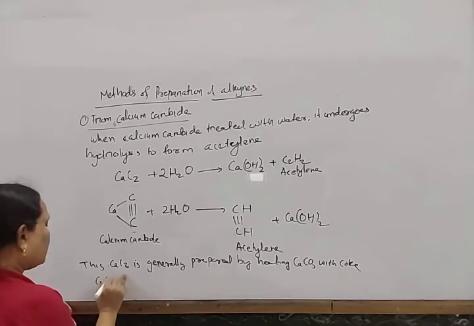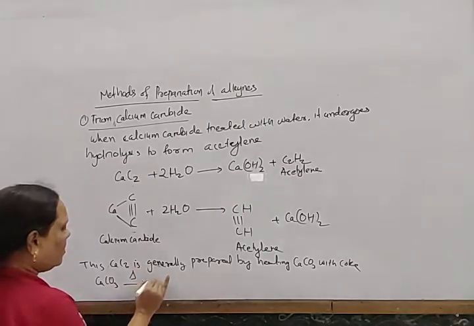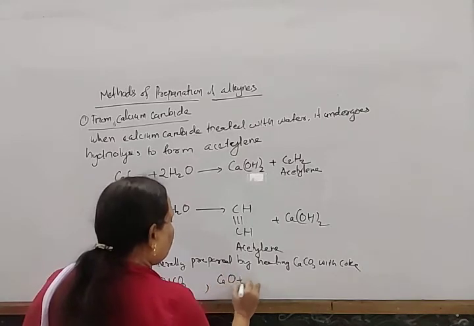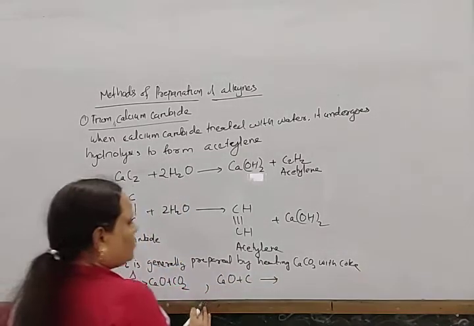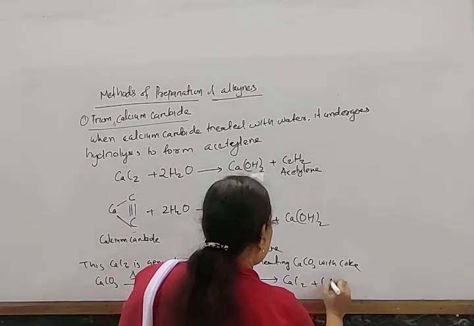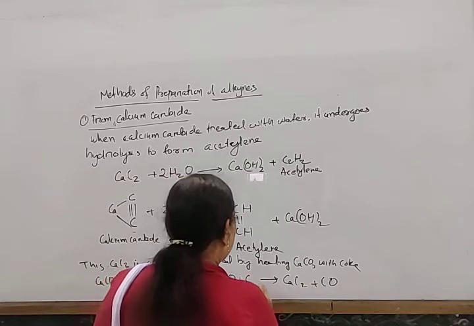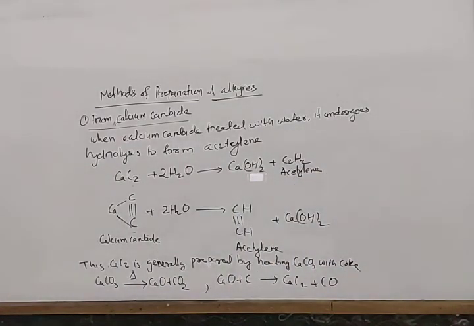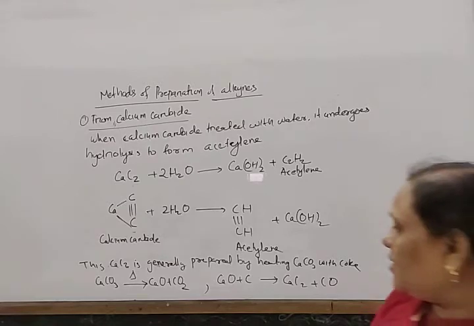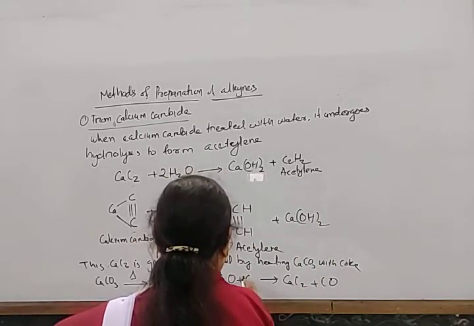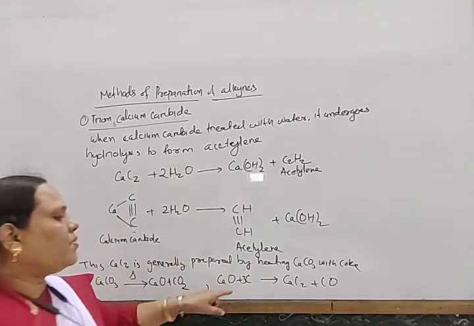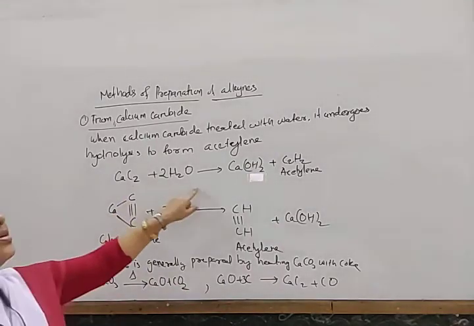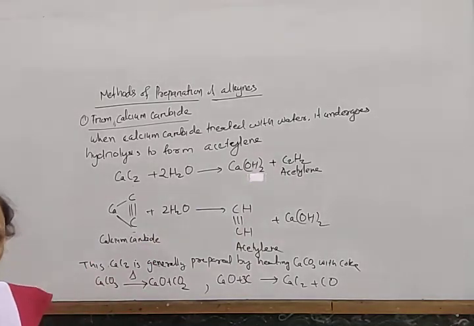First CaCO3 on strong heating gives CaO plus CO2, then CaO plus carbon gives rise to CaC2 plus CO. We can balance this: CaO plus 3C gives CaC2 plus CO. In this way calcium carbide is formed, and this calcium carbide when treated with water forms acetylene.